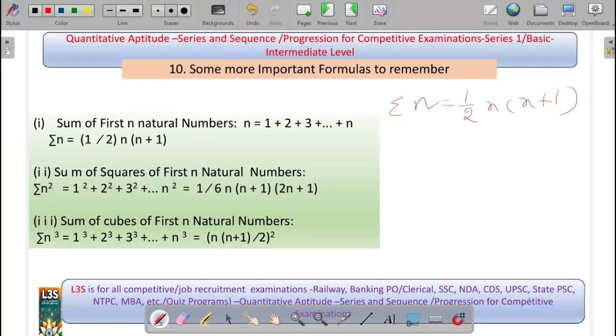Sum of the squares of the first n natural numbers is n into n plus 1 into 2n plus 1, divided by 6. Like this for cubes also, the formula is n into n plus 1 by 2, whole square. You have to remember these formulas, then this kind of question can be attempted.